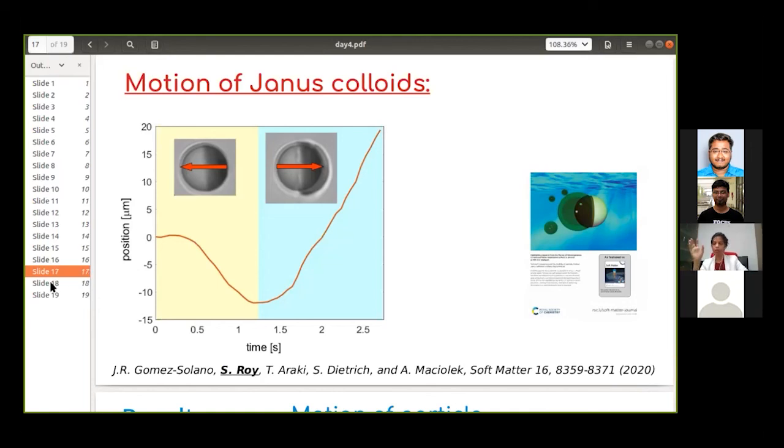These are some of the things which are of extreme importance in the context of active matter. If you have already come across this term, there is something called active matter, where people look at this kind of motion of particles.